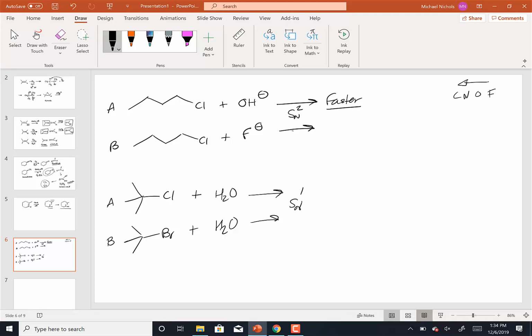The leaving group. Does the leaving group affect the rate of the reaction? What's the rate determining step of an SN1 reaction? Isn't that this?